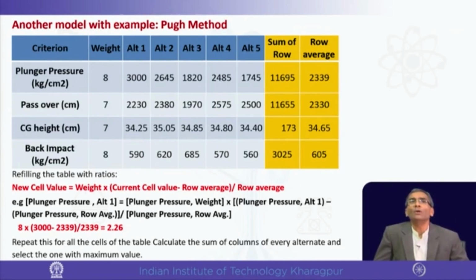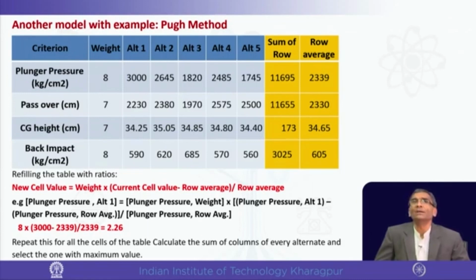Now, what is the utility of this row average? The calculation process is shown at the bottom. That is, the row average is to be deducted from each of the elements, and then that quantity is to be divided by the row average.